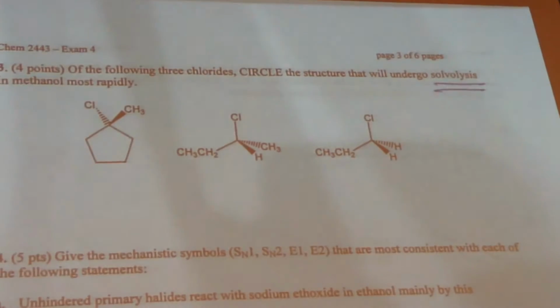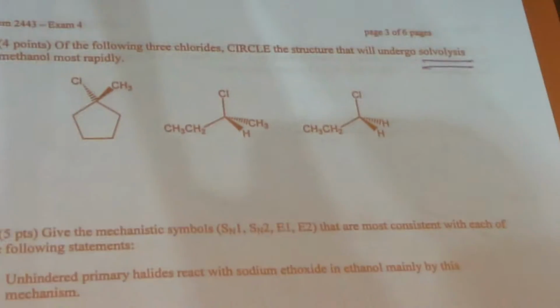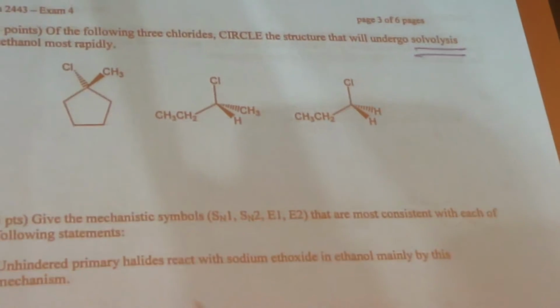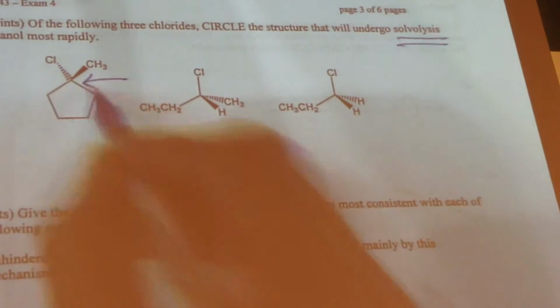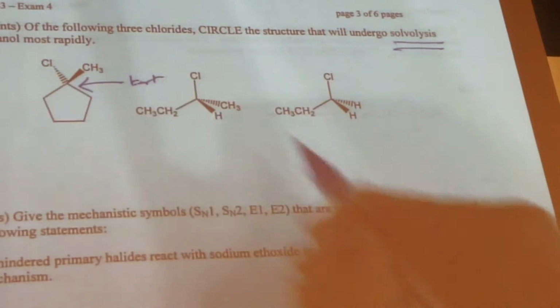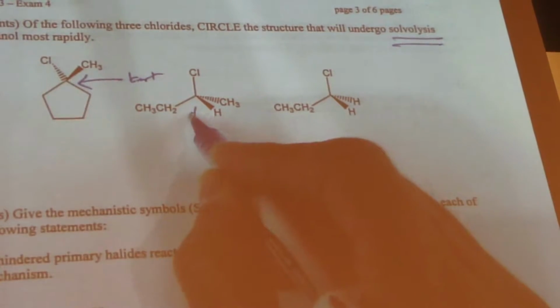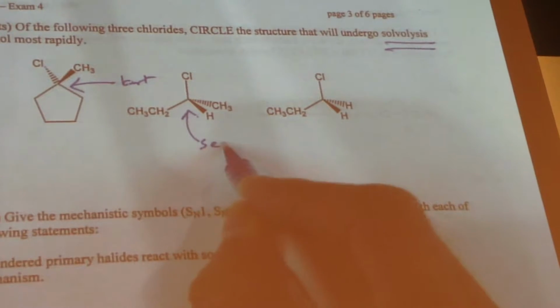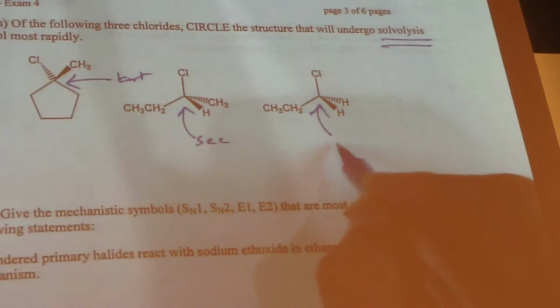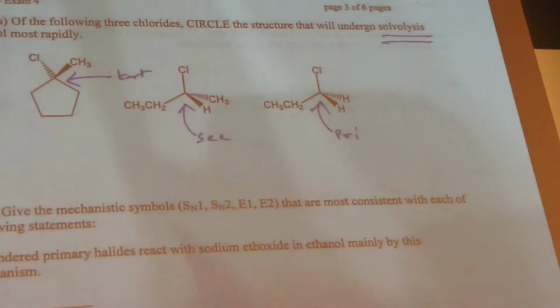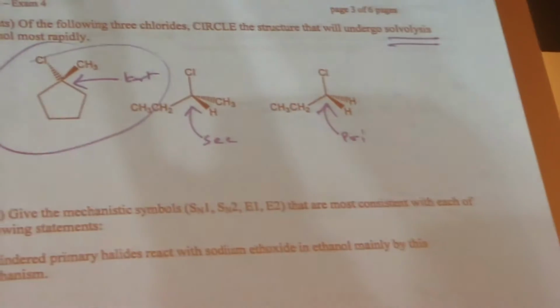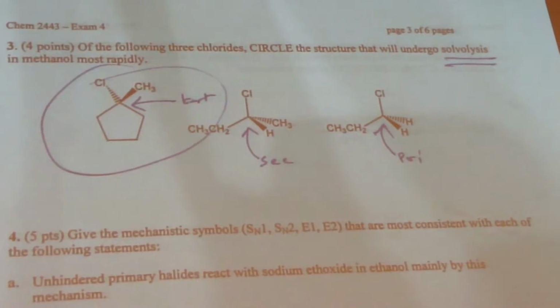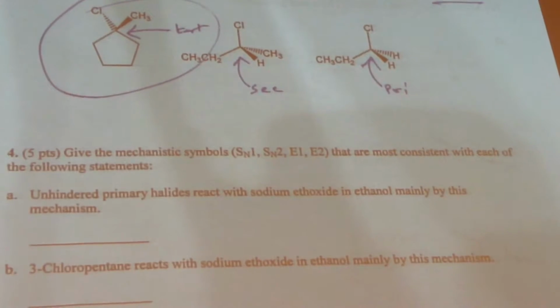So in an SN1 process, the carbocation is generated, and therefore we look at the carbon to which the leaving group is attached. So this is tertiary. This one is secondary, and this one is primary. Okay. So based on that, we know the tertiary will form the carbocation fastest, and therefore that will undergo solvolysis.